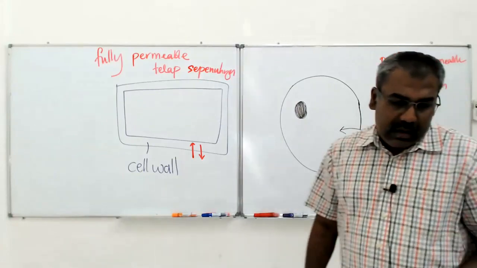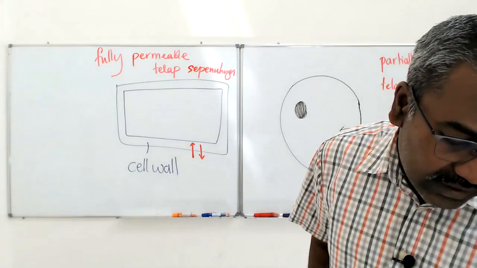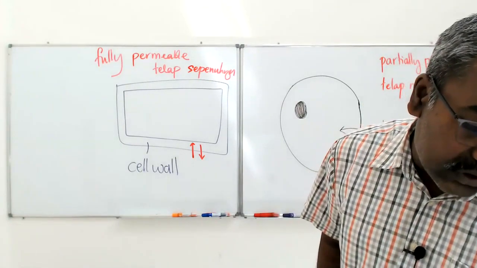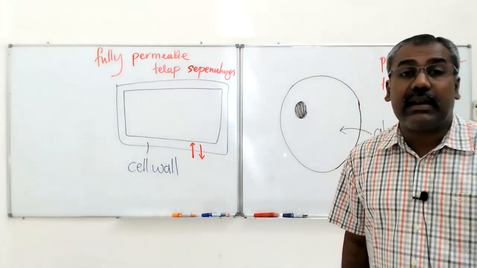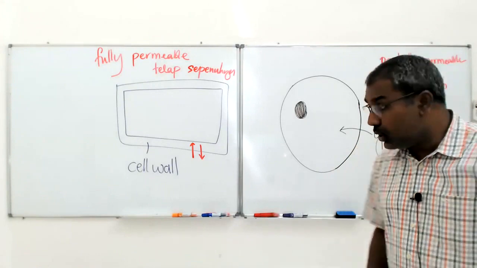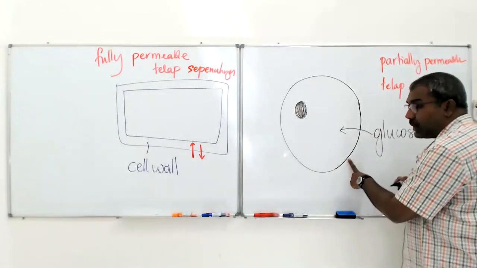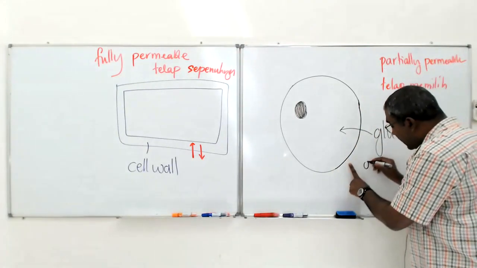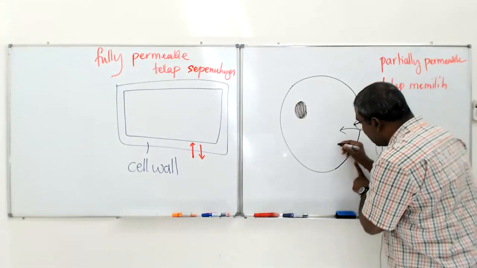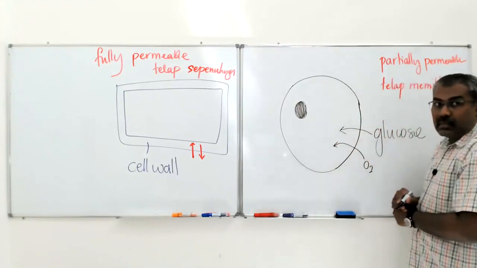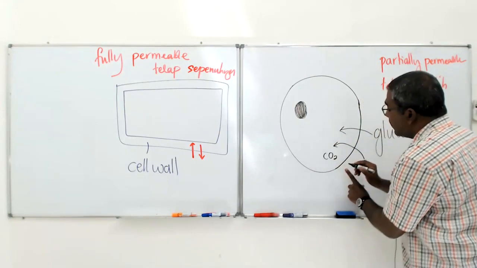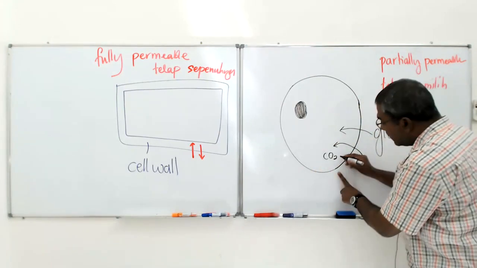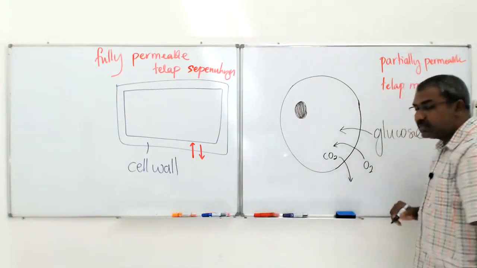Maksud dia kata allow exchange of respiratory gases and waste material. So membenarkan pertukaran gas respirasi. Contoh, plasma membrane membolehkan oksigen masuk ke dalam sel. Plasma membrane membenarkan carbon dioxide, iaitu waste product, keluar dari sel.